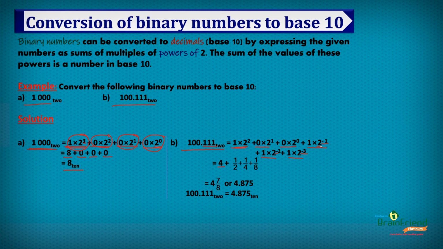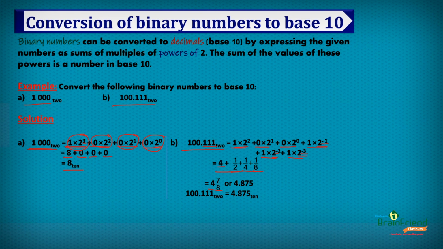Then 2 raised to power -1 is equivalent to 1/2. So we have 1/2. And 2 raised to power -2 is equivalent to 1/4, as well as 2 raised to power -3 is equivalent to 1/8. So when you solve through this, you have 4 whole number 7/8.